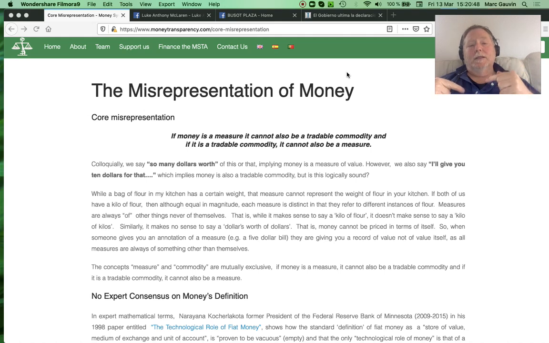Then we fall into this trap because suddenly we're disvirtuing the measure. We're destroying the measure, right? So money is, in fact, misrepresented because throughout history, for different reasons, and we can discuss that in subsequent videos, we've always had this conflation of these two ideas or concepts that don't fit together.